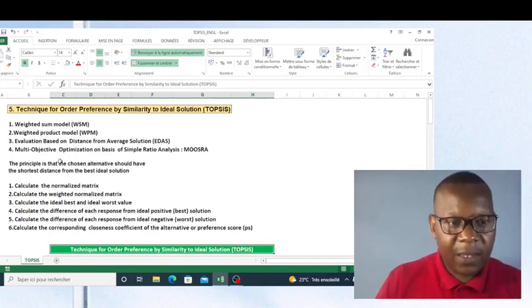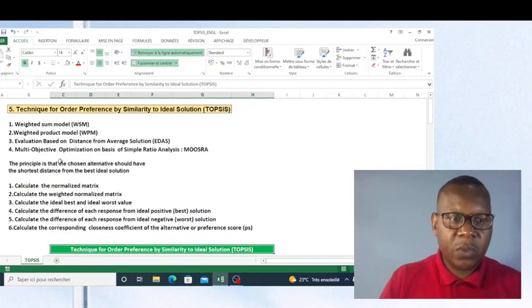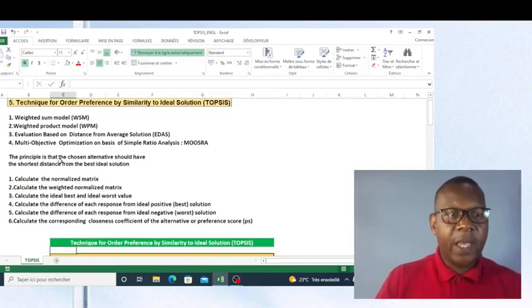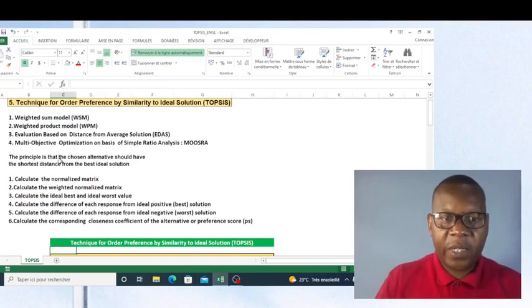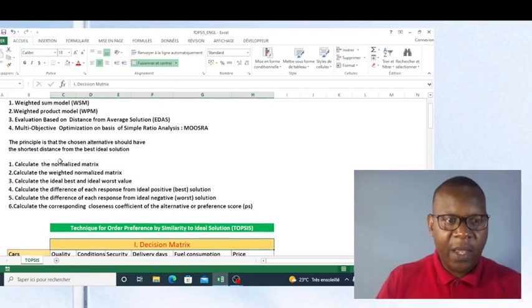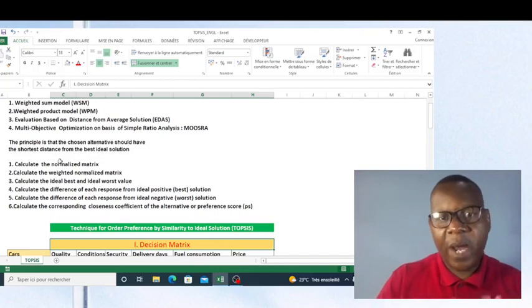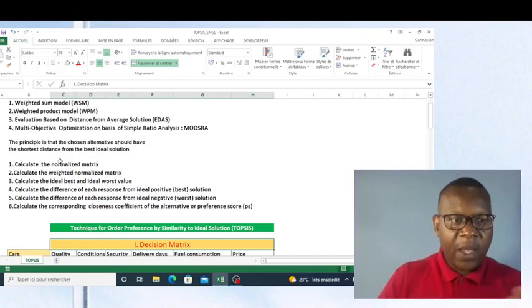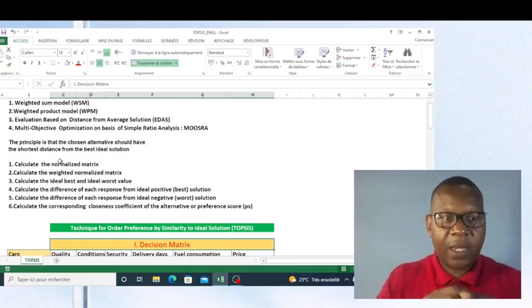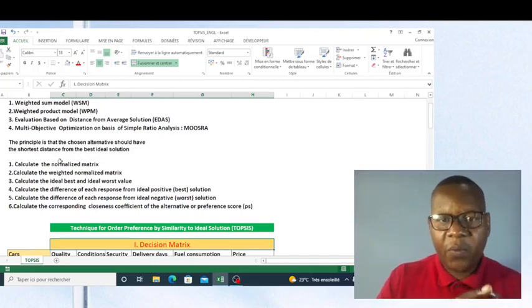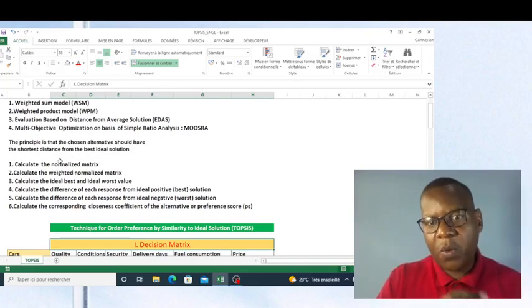You choose the ideal best and the ideal worst values, and then you calculate the difference of each value of the normalized matrix from the ideal positive solution, and also from the ideal negative solution.